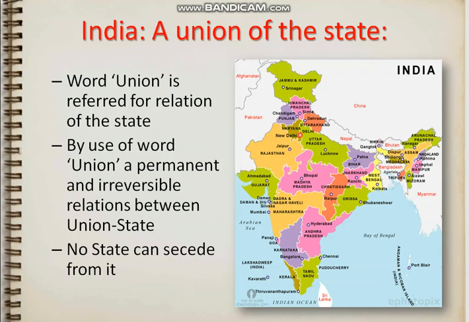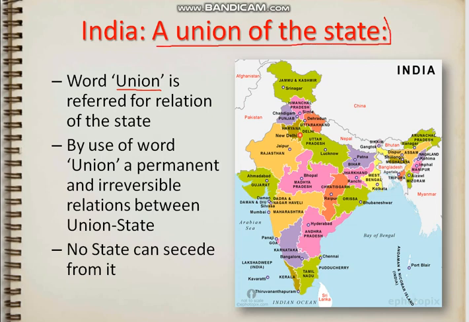The first and the foremost thing that we are going to see is India, a union of the state. Now this is a very important word here, union. Why is this word important? Because union means the combination of all. When something is a union, no part of it can separate itself, and that's why India is considered a union of the state.